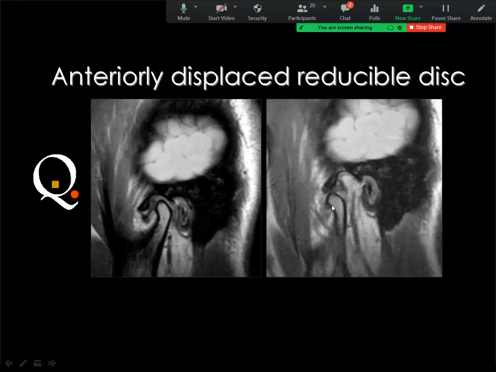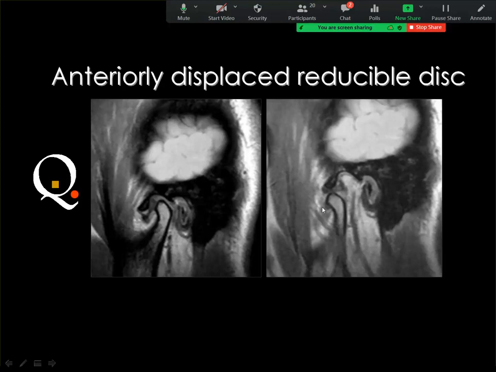But in the open mouth, the narrow part is exactly between the temporal eminence and the mandibular condyle. So the disc is anteriorly displaced in the closed mouth and retained its position in the open mouth. This is known as reducible disc.